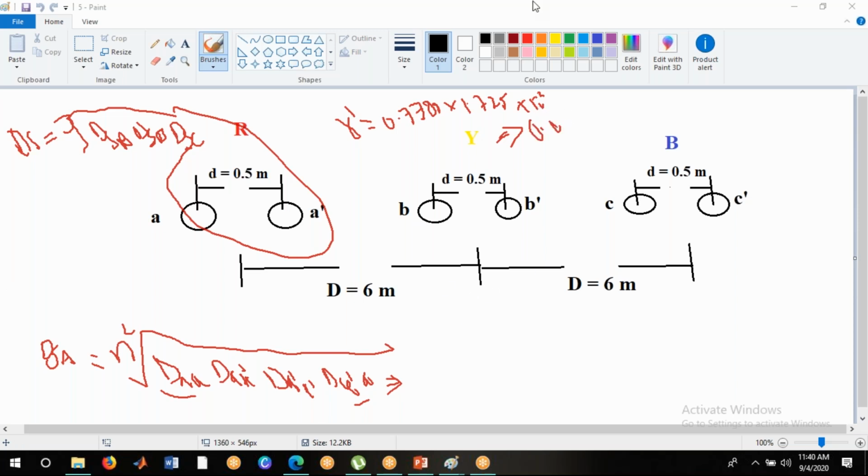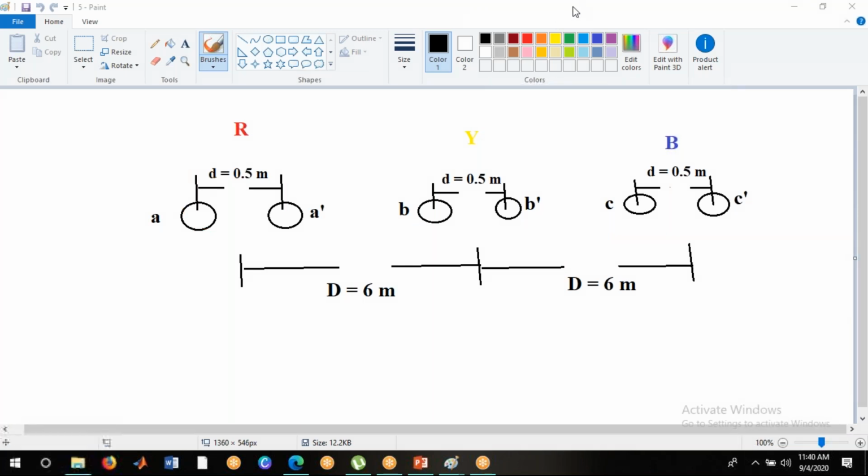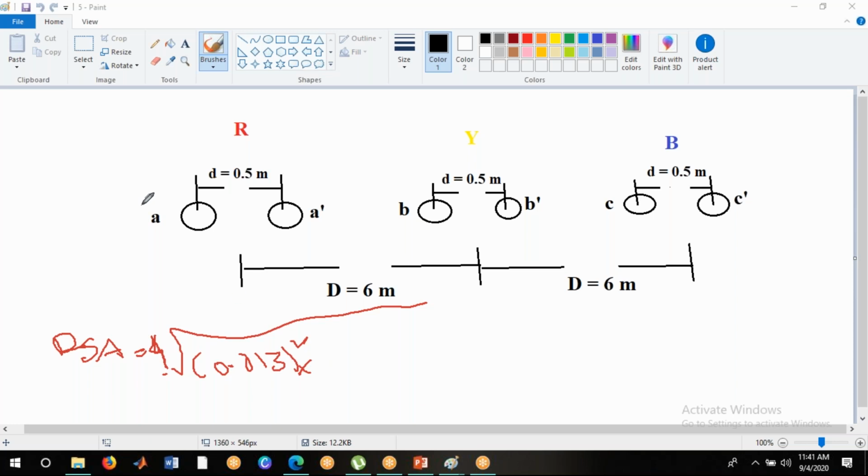Now substitute here. DSA equals, n square, so you will get the 4th root of R dash, which you got 0.013. So we have the two R dashes, you can write square, into the distance between A and A dash, which is 0.5. At the same time, the distance between A dash and A is also 0.5.